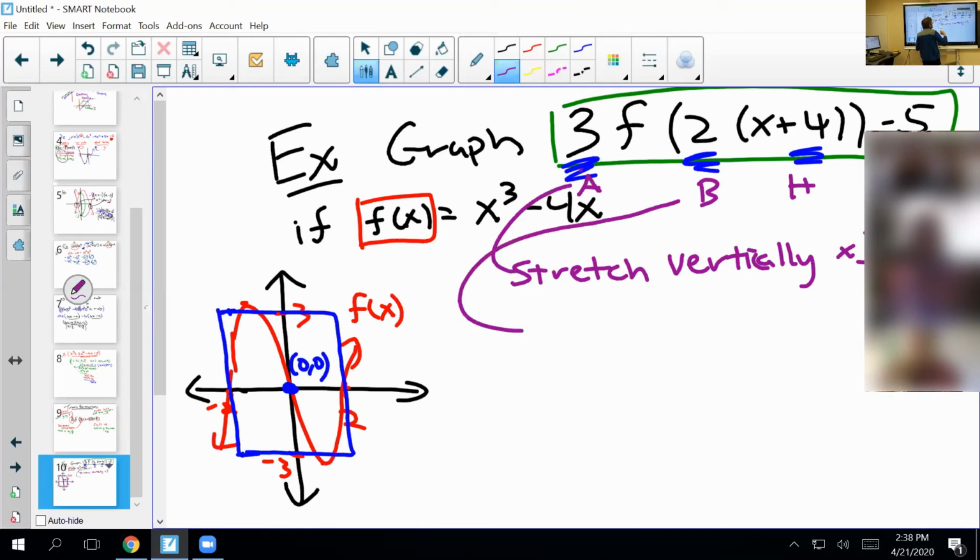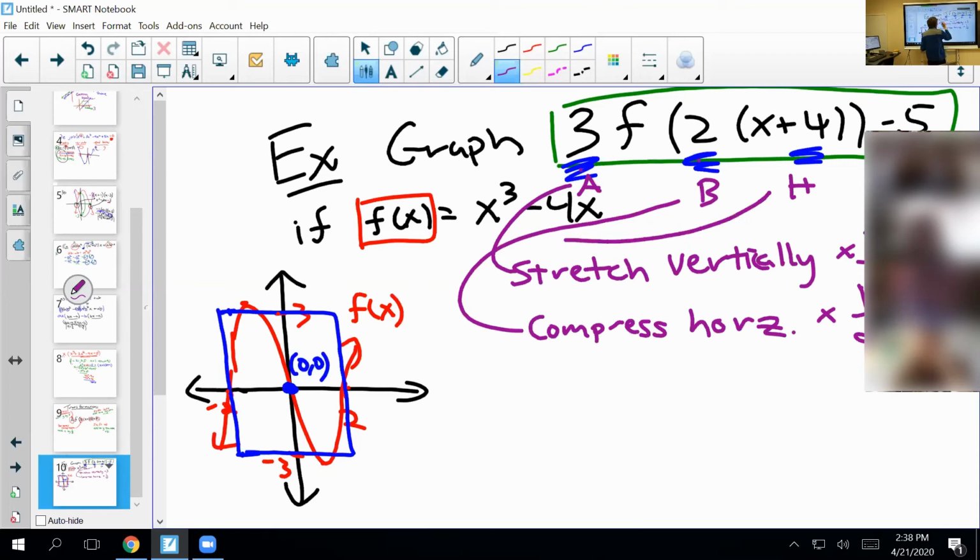The B is going to compress horizontally, multiplying by, it's not 2, this is the reciprocal, 1/2, because the B and the H are the backwards ones.